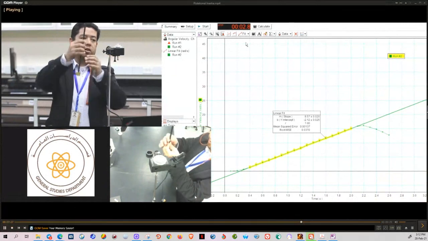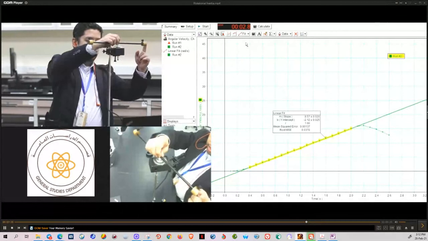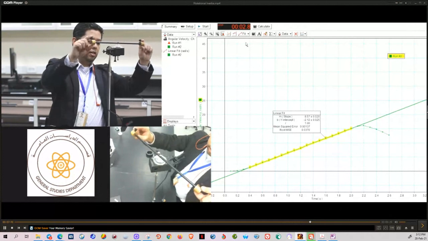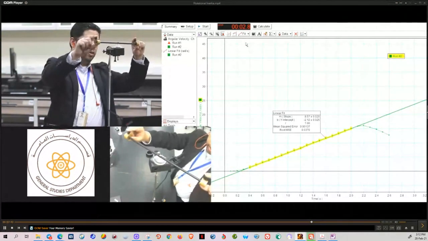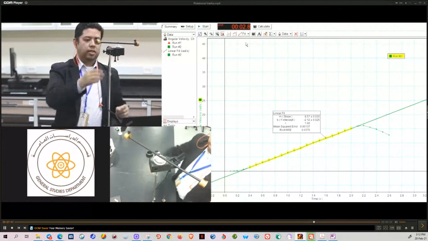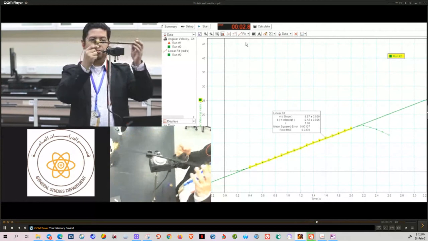And once that is done, you may now install it on top of your rotary motion sensor. Just make sure that your masses are exactly at the end, here, and here, at the end of your rod. Next, wind the string around the pulley.